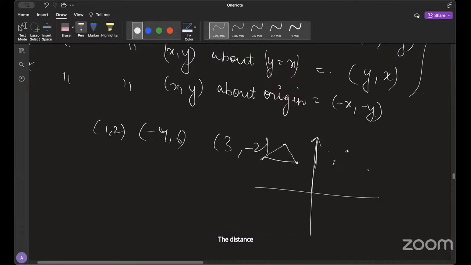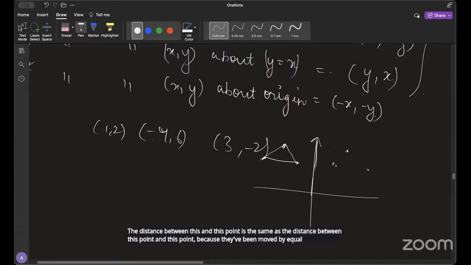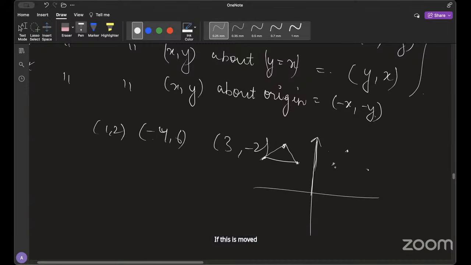The distance between this and this point is the same as the distance between this point and this point because they've been moved by equal distances, right? If this is moved 2x units in this direction, then this is also moved here. So the distance between 2 points does not change when you take the reflection about the y-axis or x-axis.